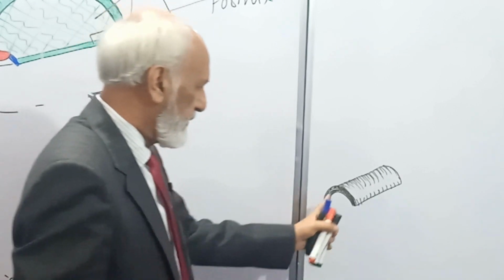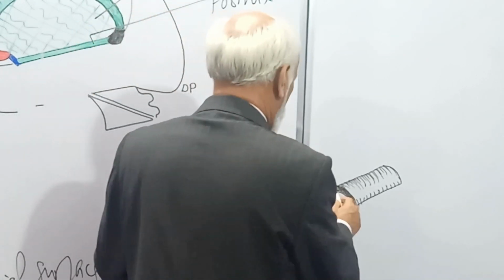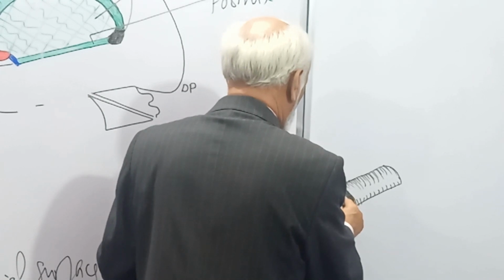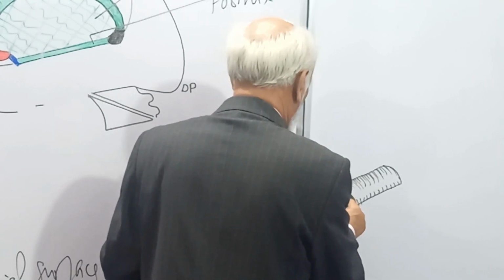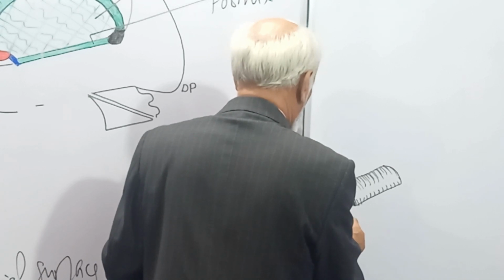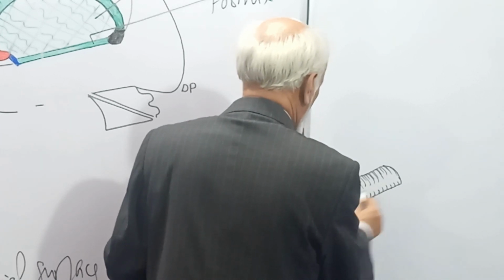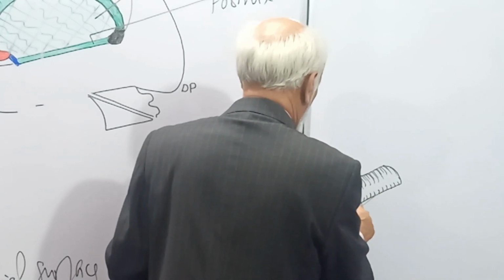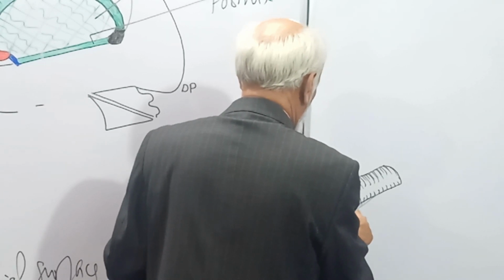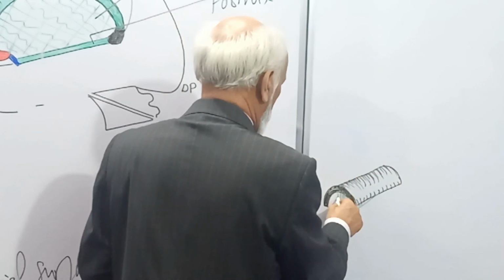From the middle of its lower surface, a double layer of septum extends downwards. This is known as the septum pellucidum. It extends from its anterior end up to the posterior end.